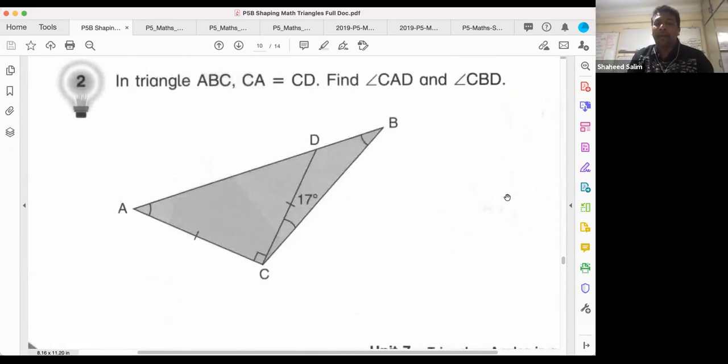Now we try now. Can you do this? I will mark the angles, okay? This is the blue one. This is the red one.